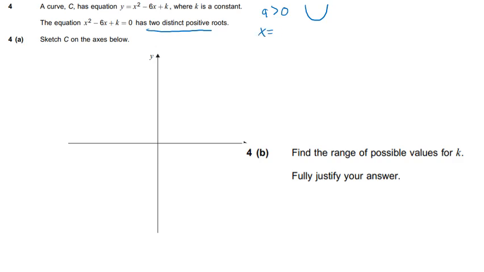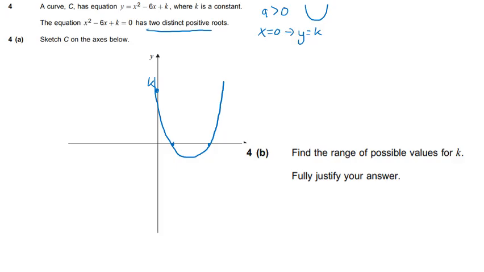We also know when x equals 0, if we just substitute that into the function, we get y equals k. So it crosses at k. And it has two distinct positive roots, so it's going to cross to the right of the y-axis at 2 points. So let's just do them here and here, and so the curve's going to look something like that, and so on.